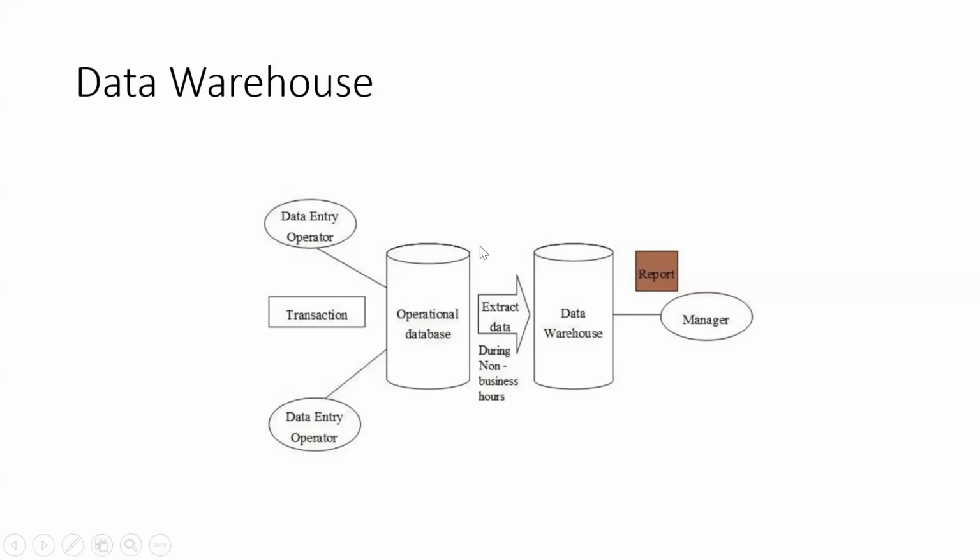Now data engineers will be taking care of this part. Starting from here, they will be extracting the data during non-business hours. Why is this mentioned over here? This is our source system.